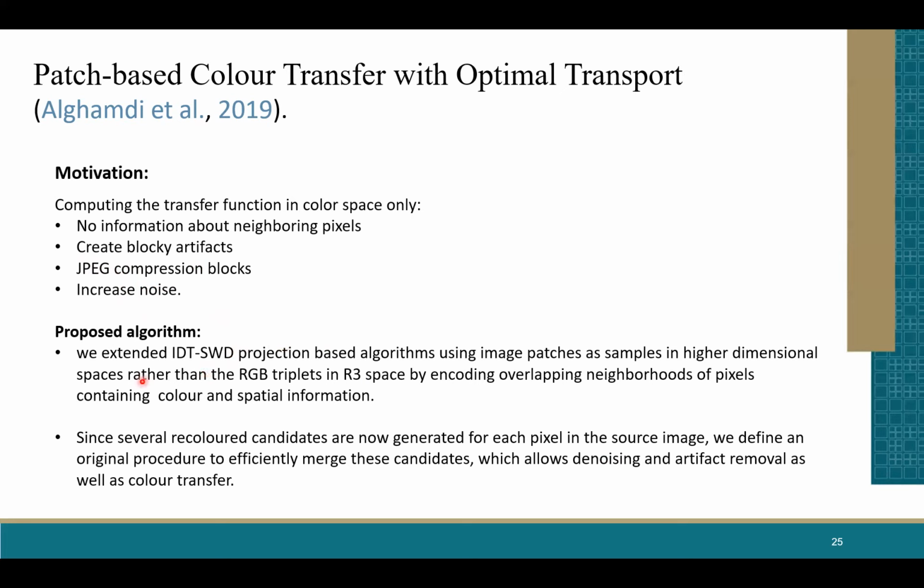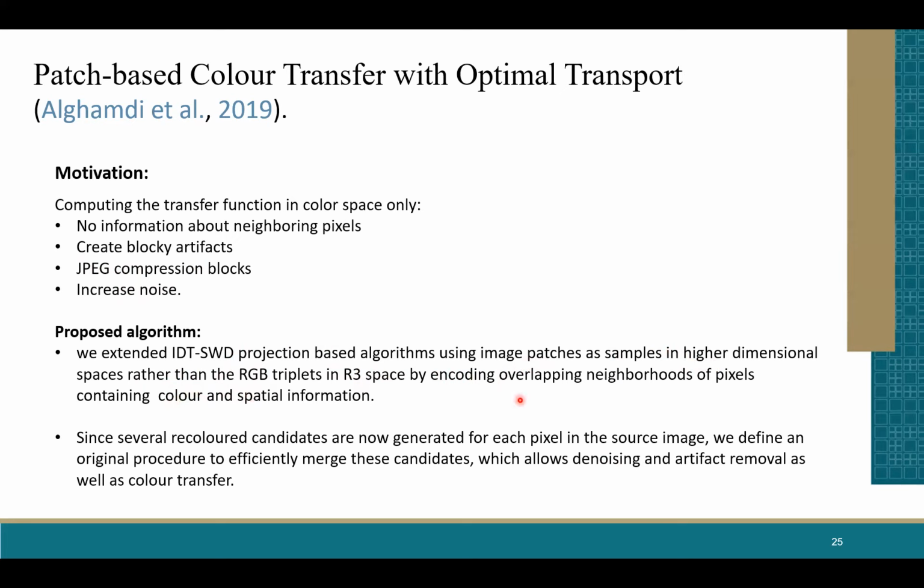So in our proposed algorithm, we extend the 1D projection approach, which is the IDT or the sliced Wasserstein distance, using image patches as samples in high dimensional spaces rather than using the RGB triplet in R3.